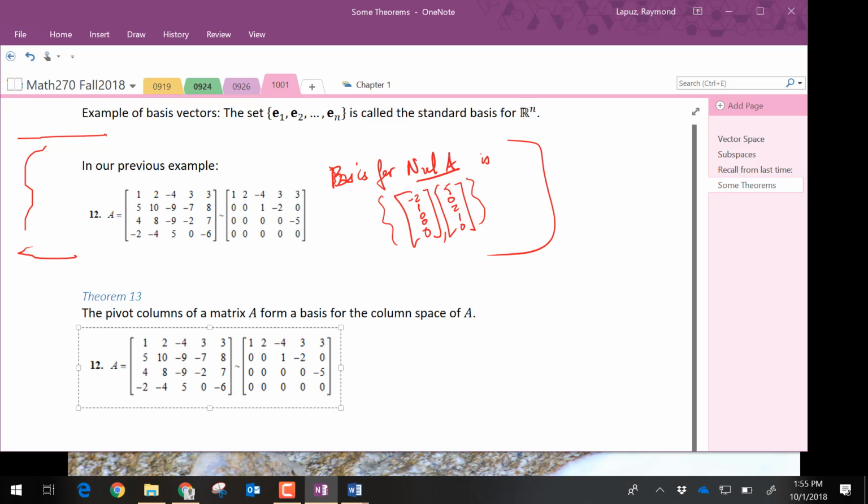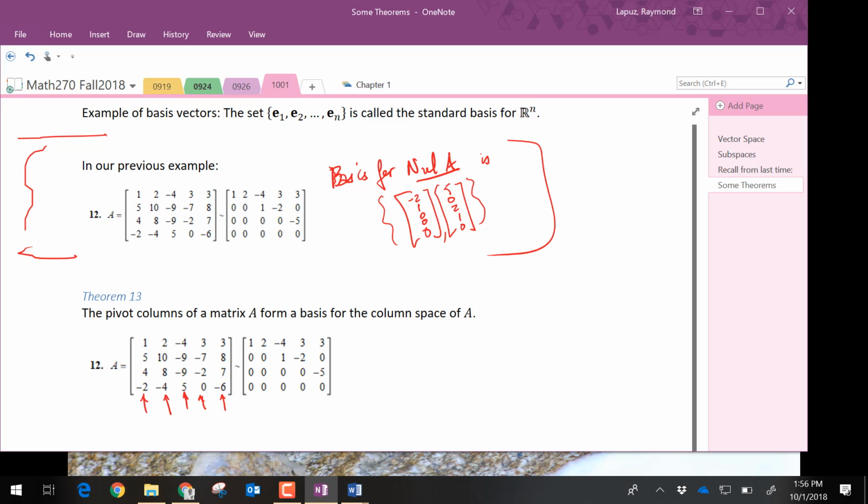If I were to check whether these columns are linearly independent, chances are they're not. Chances are I can find at least one vector that's a linear combination of the other vectors.